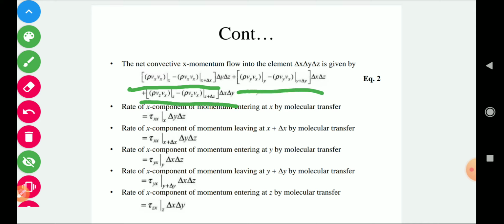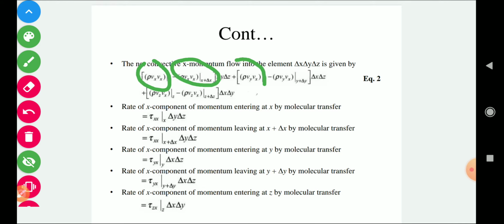So if we sum up all these three sides momentum, we can get net convective x momentum flowing into controlled volume. And in x direction, this one is momentum in minus momentum out. Similarly here, the momentum in minus momentum out, along the x, y and z direction. So this is net convective momentum.